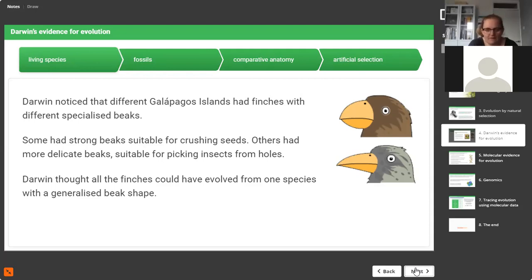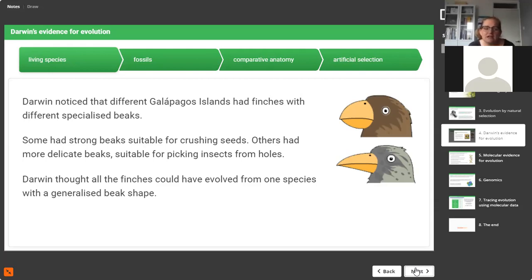So Darwin thought, well, all finches could have evolved from one species with a generalized beak shape, and then by random mutation, one of them gets a slightly different beak. It realizes it can eat a different food. If this one individual can eat a food that the others can't, it'll be more advantageous because it has a larger food source and there's less competition. So it's probably going to get mated with, and then that will get passed on along the generations.